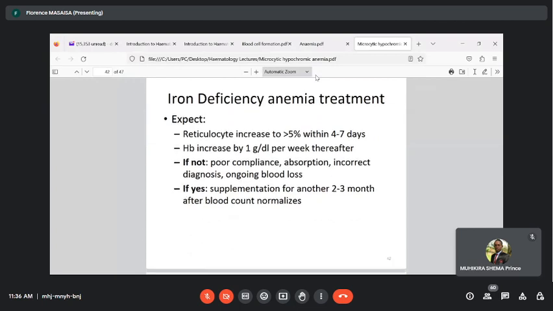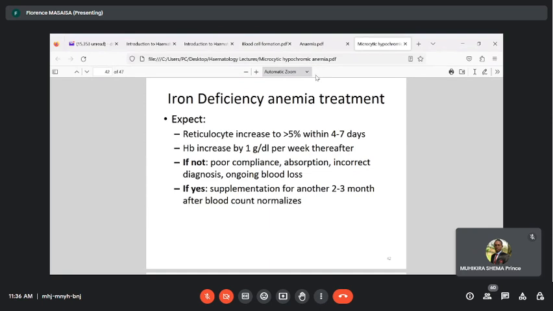So when you're in an area where you cannot measure iron parameters, you have to give the medicine and think: if there's no response, maybe there is poor compliance, absorption is a problem, or you are treating the wrong diagnosis, or the patient is bleeding.